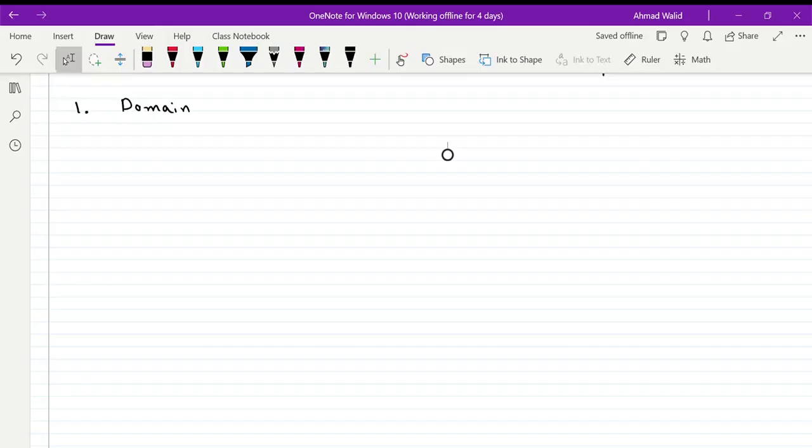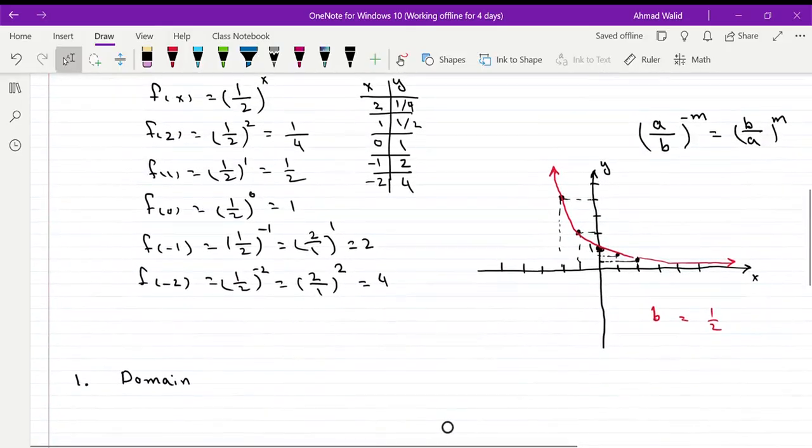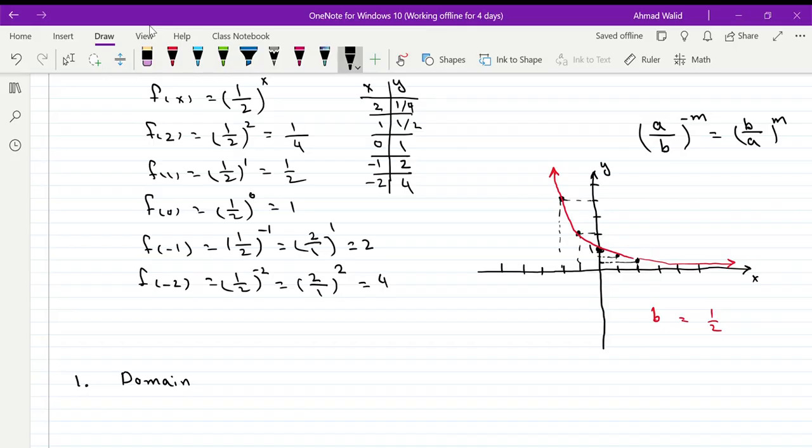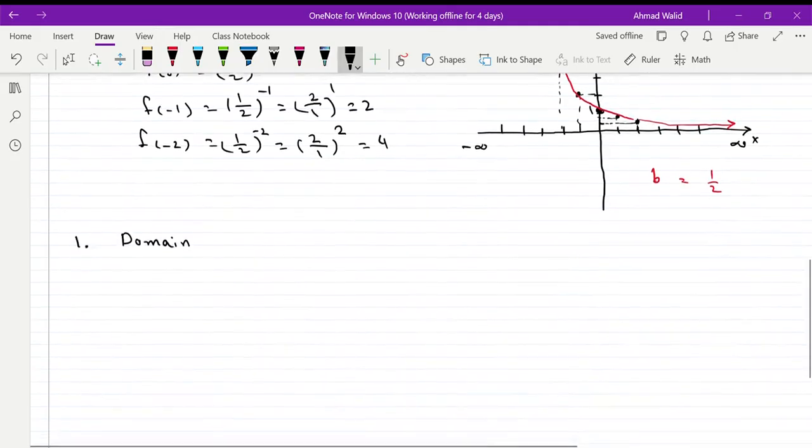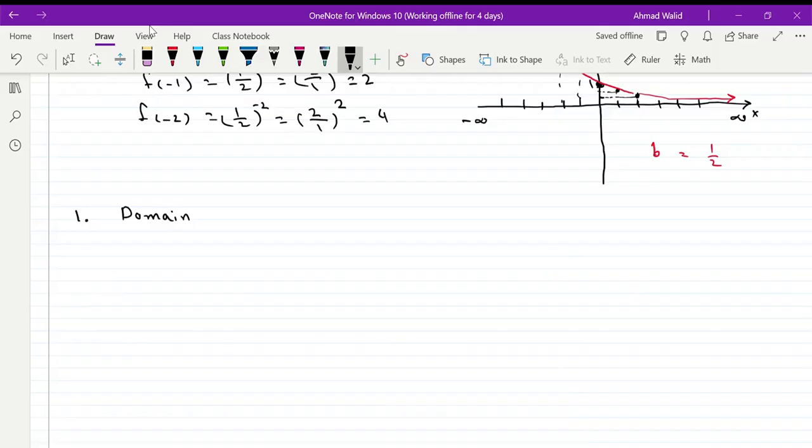In both examples, in both graphs, you see that your domain starts from -infinity to +infinity. Then characteristic number 1 for the exponential functions, their domain is always from -infinity to +infinity. Or in other language, the domain of exponential functions are all real numbers.